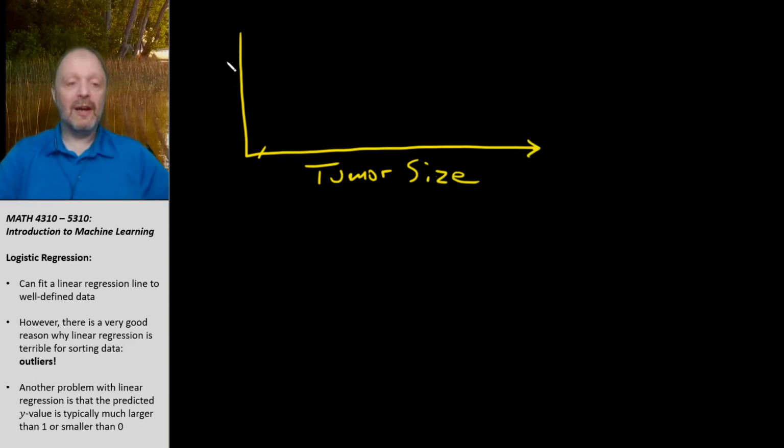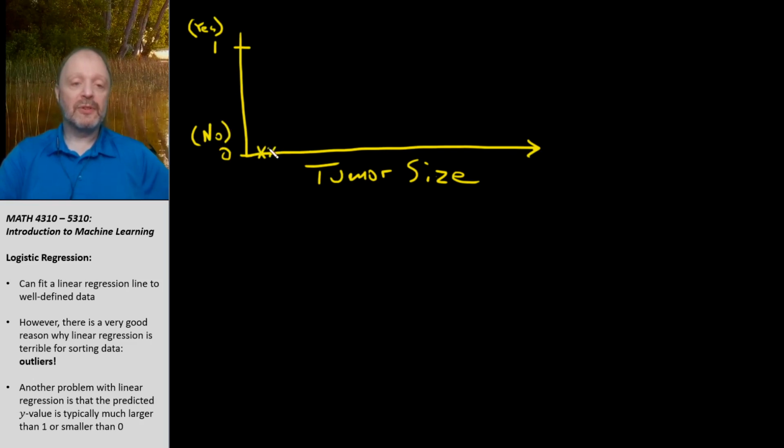And then up here, I'm going to put a 1 group and a 0 group. The 1 group is, yes, cancer is there. The 0 group is no, cancer is not there.